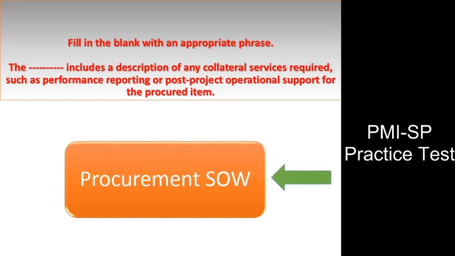Answer. Procurement SOW. Explanation. The procurement SOW consists of a description of any collateral services required, such as performance reporting or post-project operational support for the procured item. It is revised and refined as required as it moves through the procurement process until incorporated into a signed contract award.